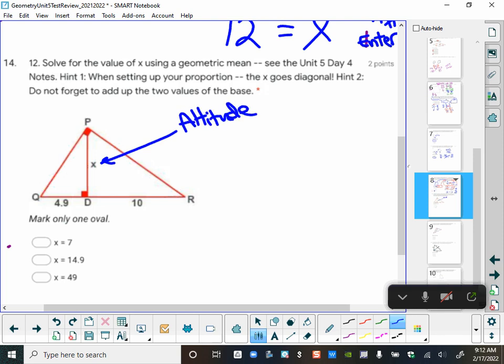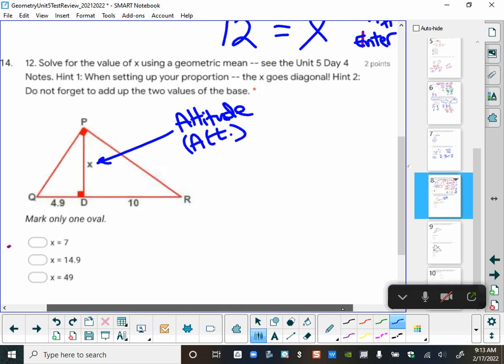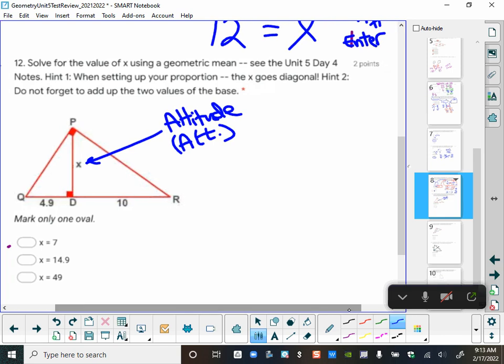Well, we just nicknamed it ALT. If you have a problem like this, might be something you want to write down. Then there was altitude over base 1.